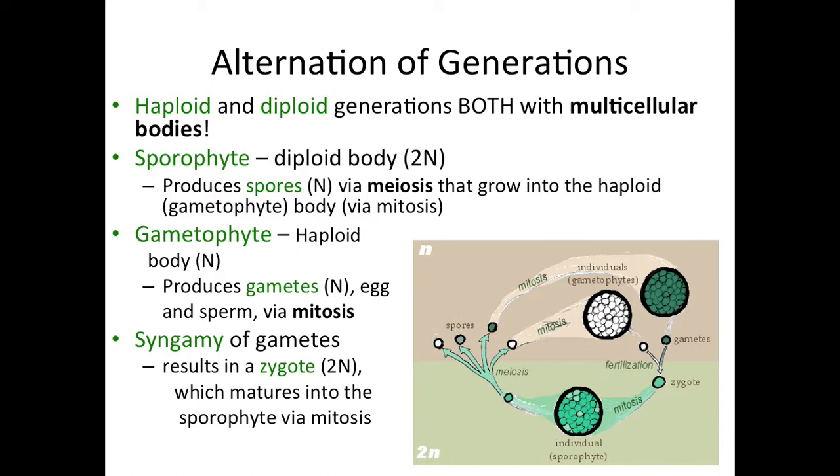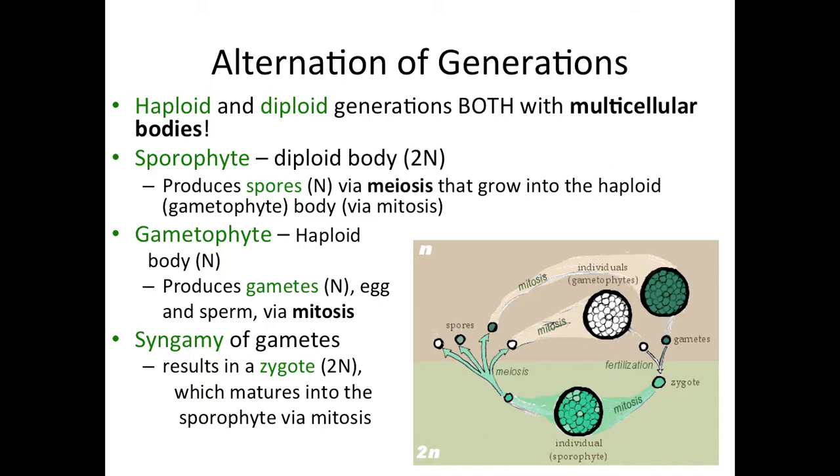So in the diploid body, in certain structures known as sporangia, spores are produced by meiosis. Meiosis is the process where 2N or diploid cells divide and reduce their genetic material by half in order to become haploid cells.